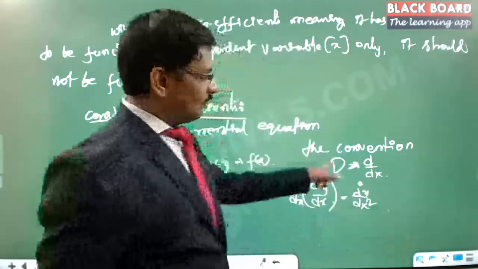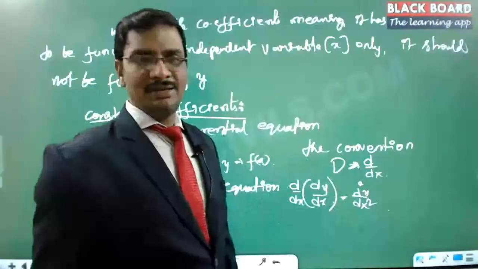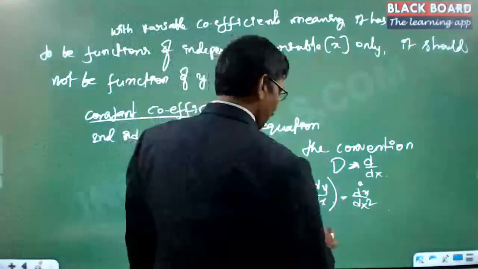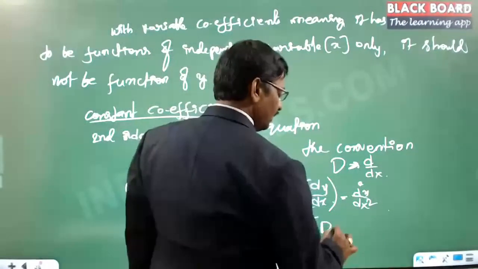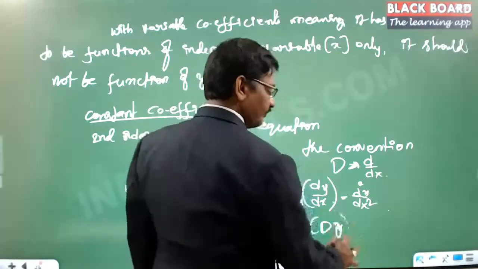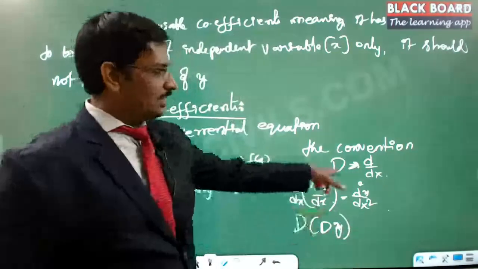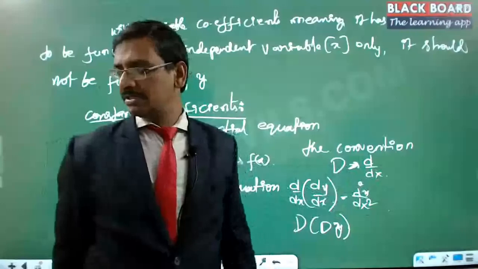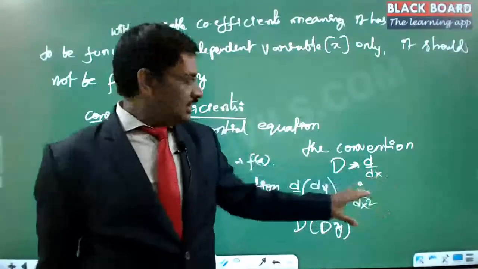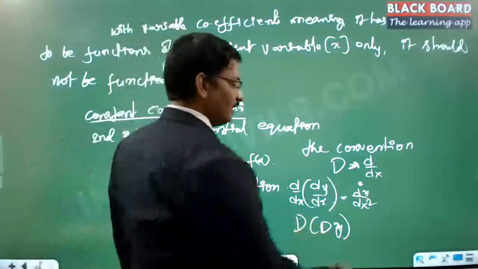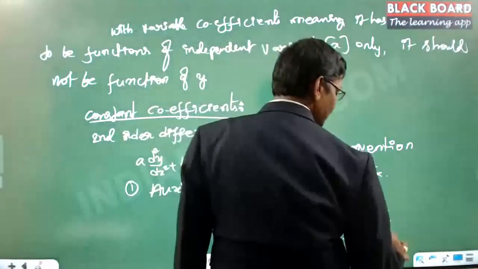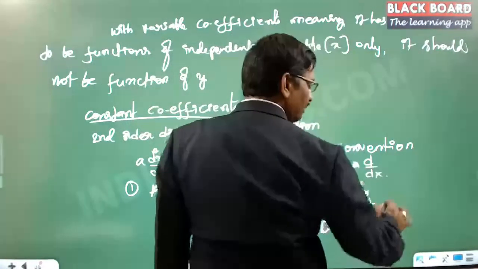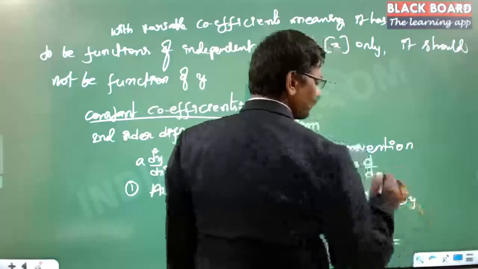If you simply call D as d by dx, D operated on D of y, because capital D is d by dx, and this is just the convention. Now if I simply call this the normal multiplication, D square operated on y, it is exactly D square of y.